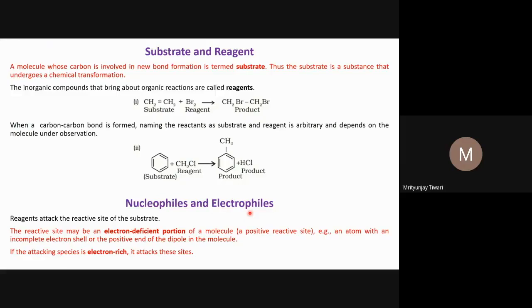If there is a positive charge, the species is an electrophile. If the species has an incomplete octet, it is an electrophile. If the species has a vacant orbital, whether a vacant p orbital or a vacant d orbital, it is an electrophile. It is an electron deficient species. So electrophiles are electron deficient species. Nucleophiles are electron rich species.